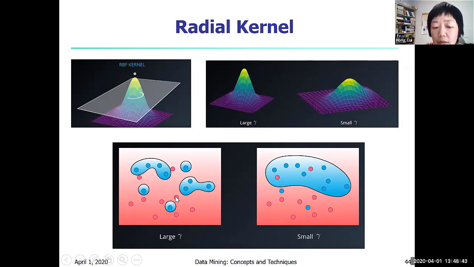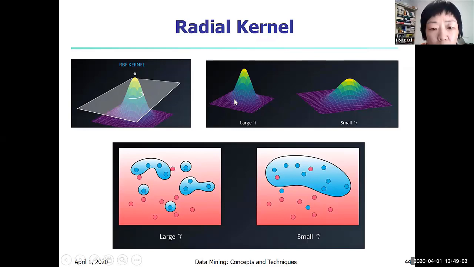So the large gamma represents a level of overfitting, and this one is probably better. But again, when we need to find the best gamma for our problems, we can use grid search to find it.